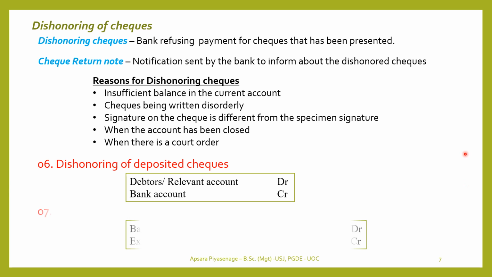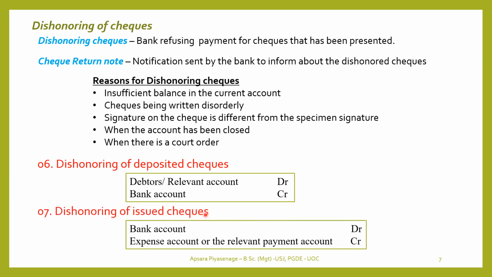Then the next one is dishonoring of issued checks. When issuing checks, the double entry is bank account credited, because when we are issuing checks, the balance in the bank will reduce. But if it is dishonored, we have to reverse the double entry.